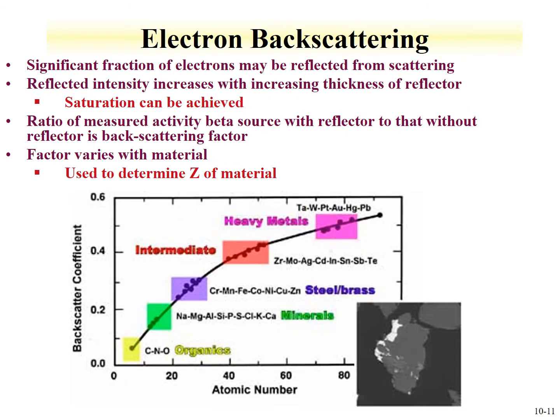One example of some of the differences in behavior with electrons is given here for electron backscattering. We use this with microscopy to evaluate information related to the Z of the material under examination. A significant fraction of electrons may be reflected from scattering, and one of the things we evaluate is that there is an increase in backscattering with the atomic number of a material.